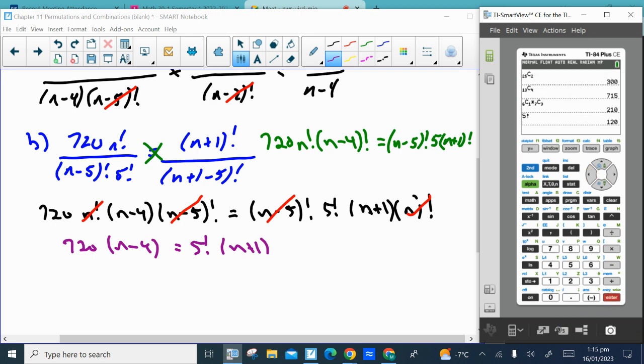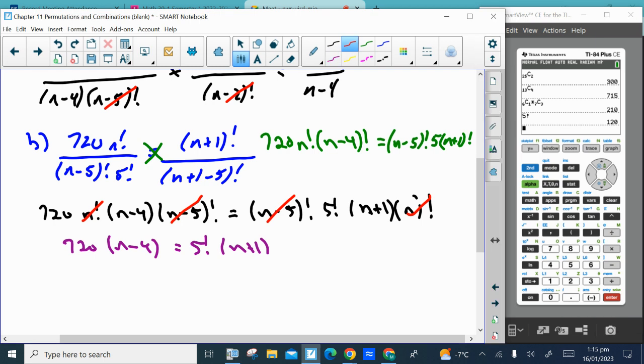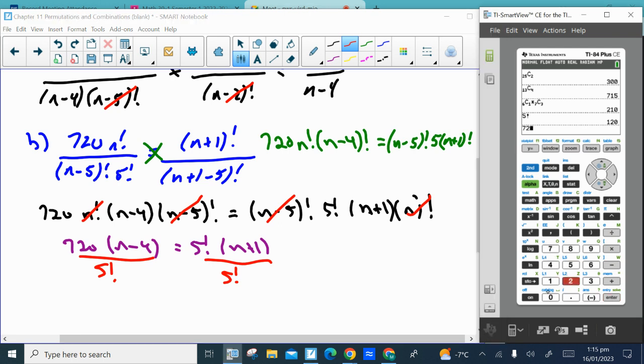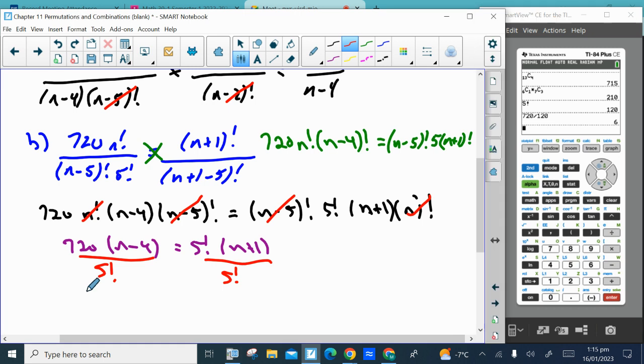So if I divide both sides by 120, or if I divide both sides by 5 factorial, that's going to simplify things a bit more. 720 divided by 120 is 6. So this gives us 6 bracket n minus 4 equals n plus 1.